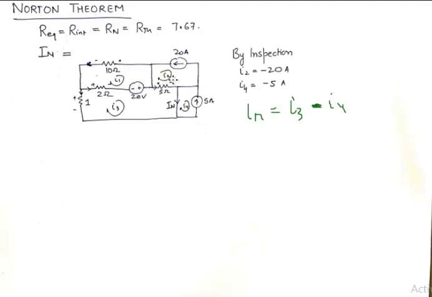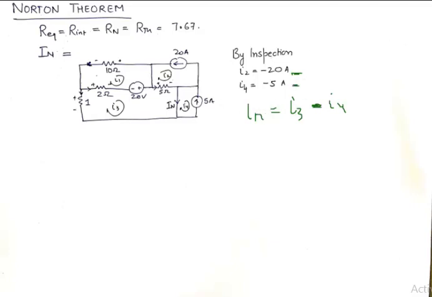Anyhow, we need to solve it using Norton's theorem, so we take up 4 loops, and by inspection I2 is minus 20 ampere, as mentioned in the KCL process, and I4 is minus 5 ampere.